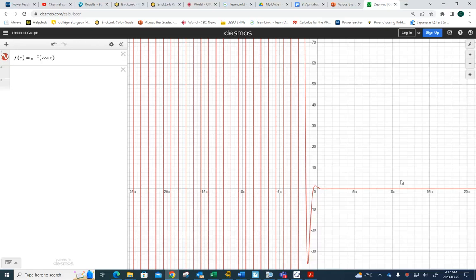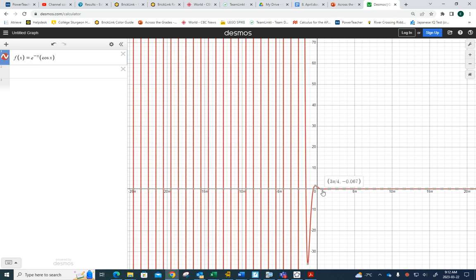If I click on the graph now that I'm zoomed out, look at how many maxes and mins it's found and x-intercepts in there. And it knows, and it figures them out as we go along. And then it starts to get to be huge after that. Fascinating.